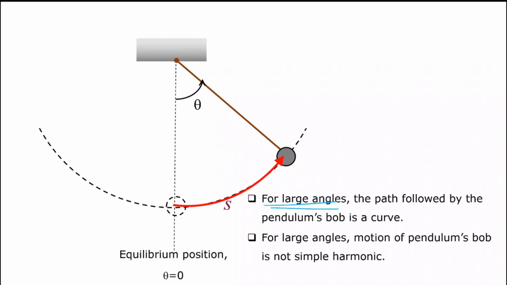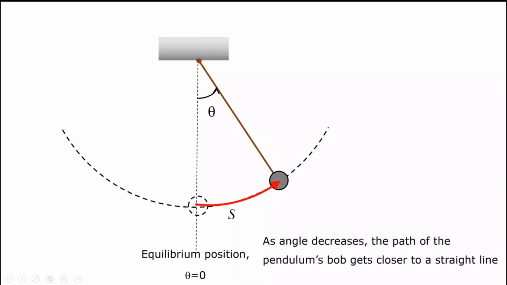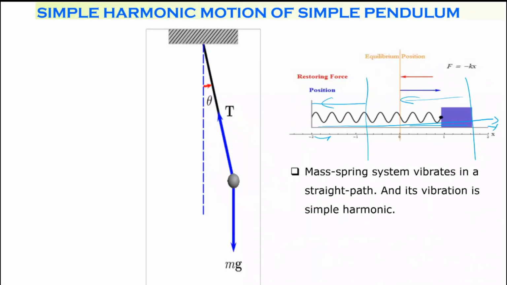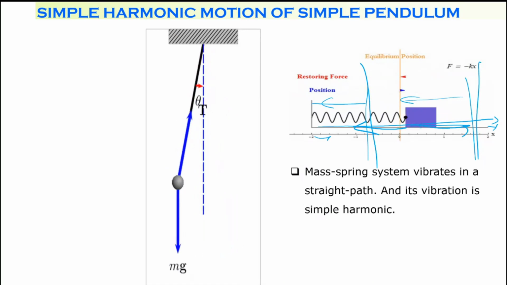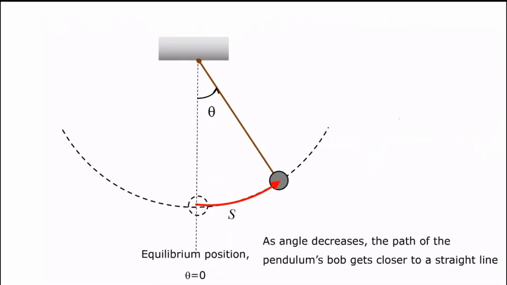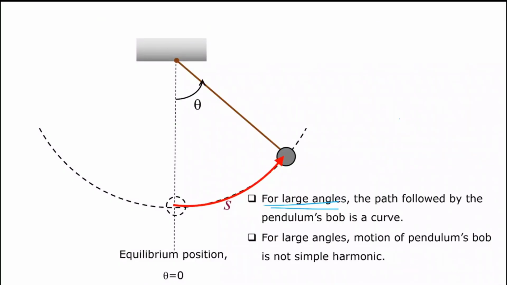So as you see, this is a curve. But look at the previous one. In mass spring system, it was a straight line path. So the one difference is that for large angles, the path followed by the pendulum's bob is a curve. For large angles, motion of the pendulum's bob is not simple harmonic.